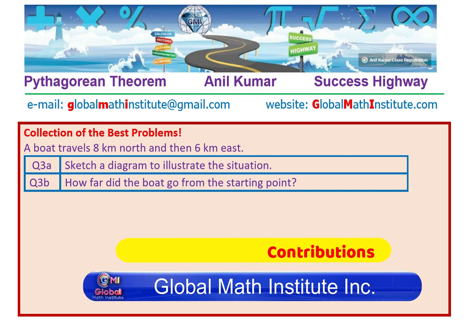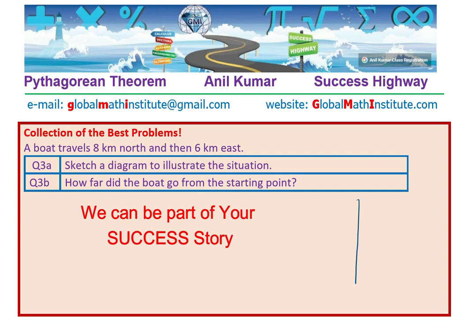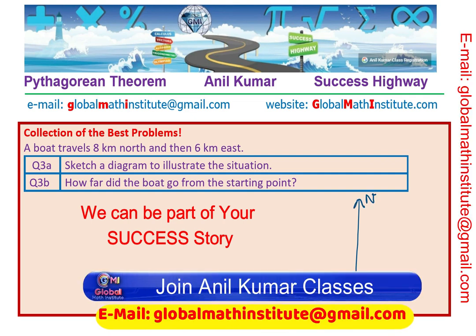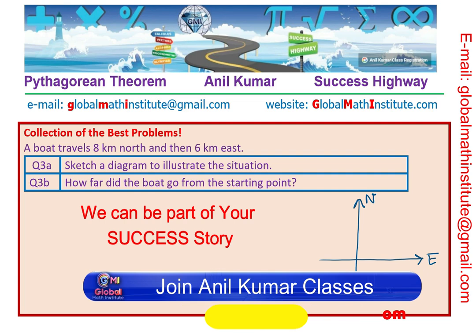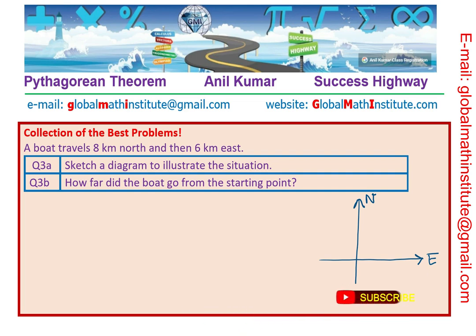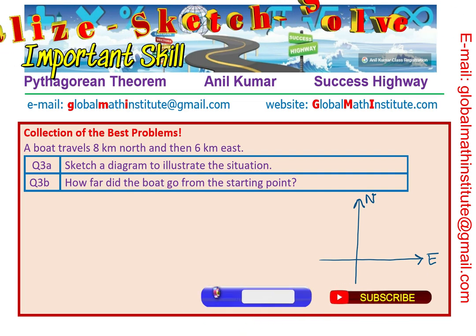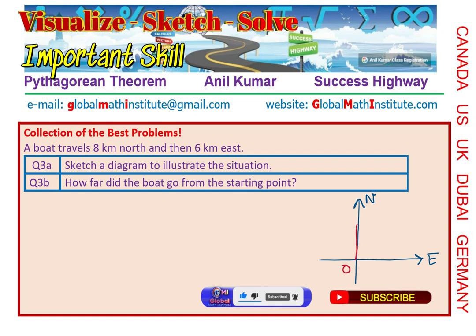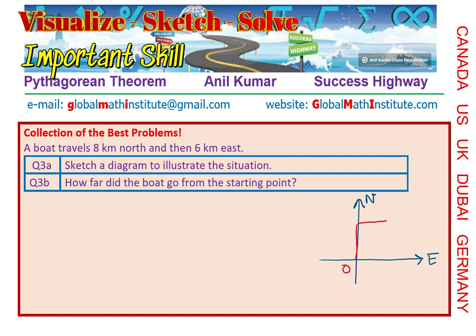So, north, as you know, we can say a direction which normally is taken in this way, and east is this direction, correct? So, let's make a kind of coordinate axis at right angles, north and east. Sketch a diagram. The boat travels 8 kilometers north and then 6 kilometers east. So let us assume that the boat travels from the origin O 8 kilometers and then 6 kilometers east.